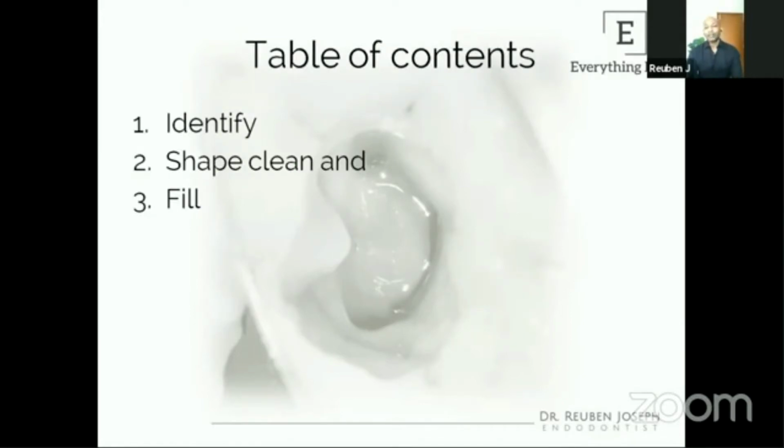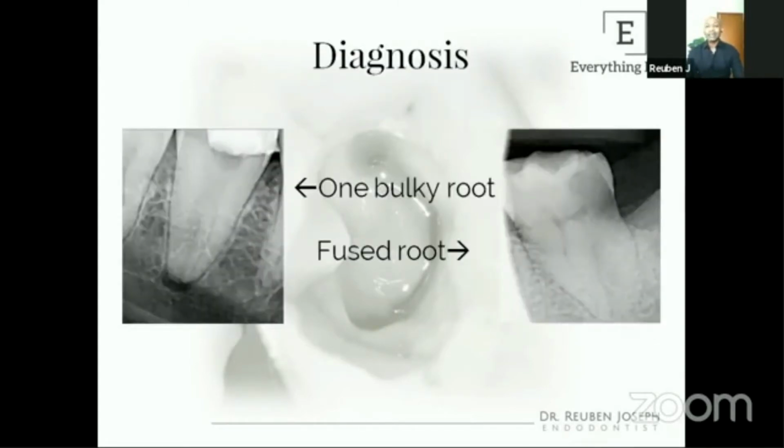To begin with, these are the things we're going to discuss. Basically, how I would handle a C-shaped anatomy from start to finish. Unless you have a CT scan ahead of the procedure, you will only be able to identify a C-shaped canal as a surprise. It's not going to be readily visible on the radiograph unless you have a CT scan.